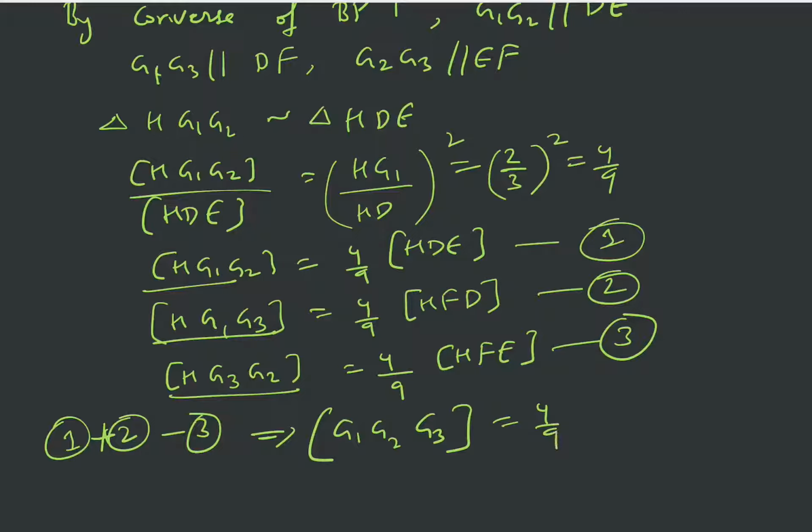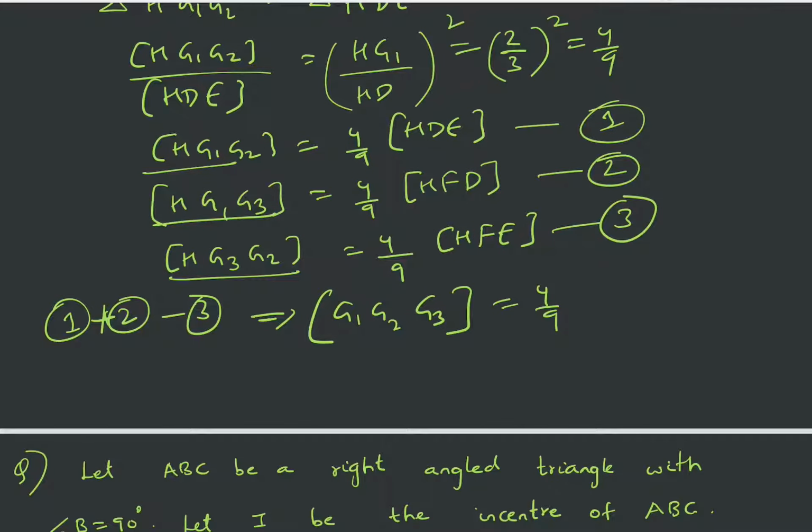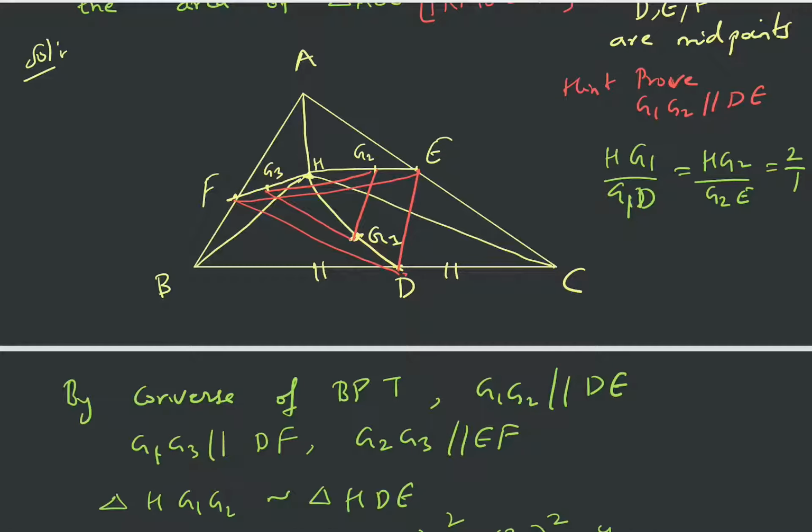And what happens on the right hand side? This is HDE plus HFD minus HFE. So you will get the area of DEF, right? This area. So it is simply equal to the area of FED. But the area of FED is 1/4 the area of triangle ABC, because this is the medial triangle of ABC, right?